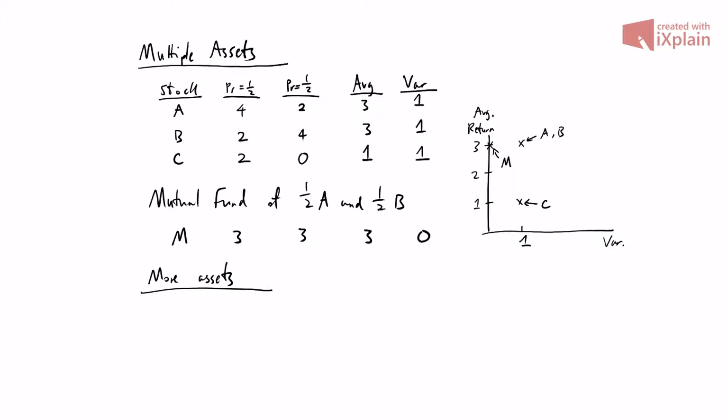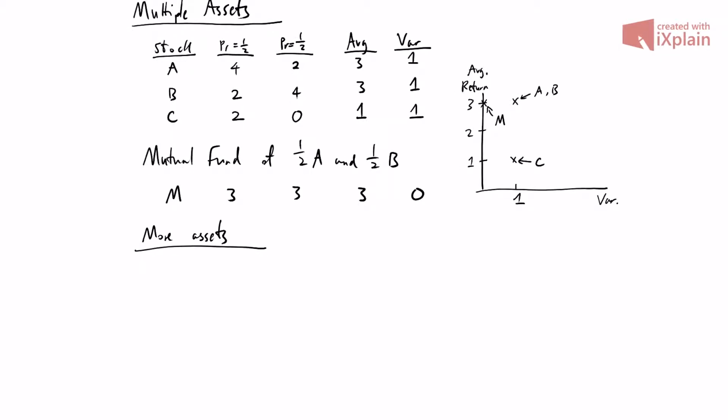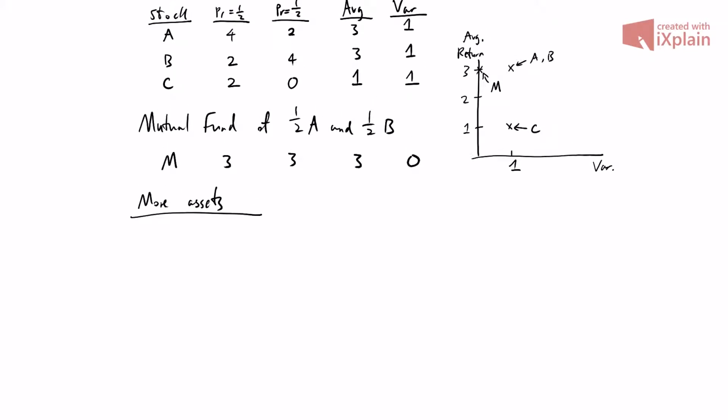From now on, we're just going to draw a diagram. Once again, you have a trade-off between variance and average return.